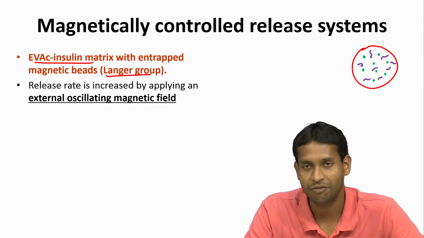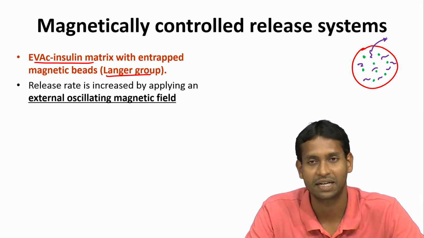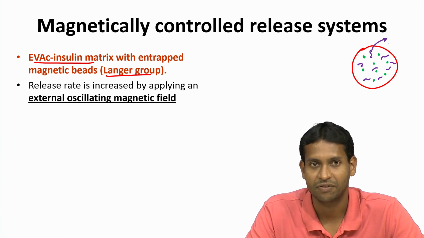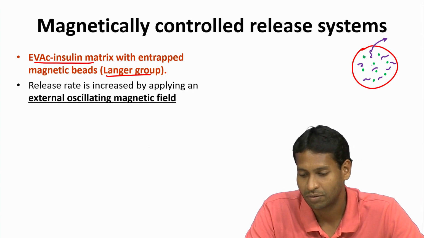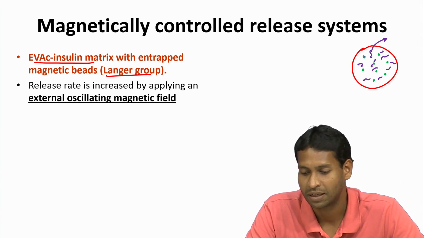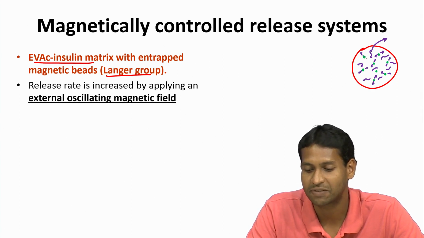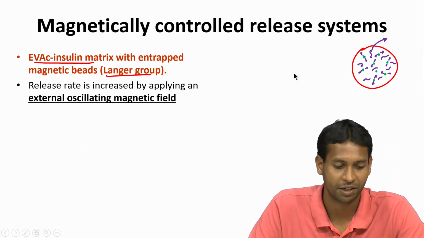In a standard system, this peptide is coming out at a certain rate because it is either diffusing or maybe the particle itself is degrading. What happens if you apply an oscillating magnetic field is that these green dots will start to move with the magnetic field and oscillate. Because of that, you are causing a lot of movement. So, you are increasing, first of all, the diffusion, the pore size will get expanded, and sometimes you are even disrupting the pores. That will cause the release to go higher, and that is the concept that was used in this particular example.